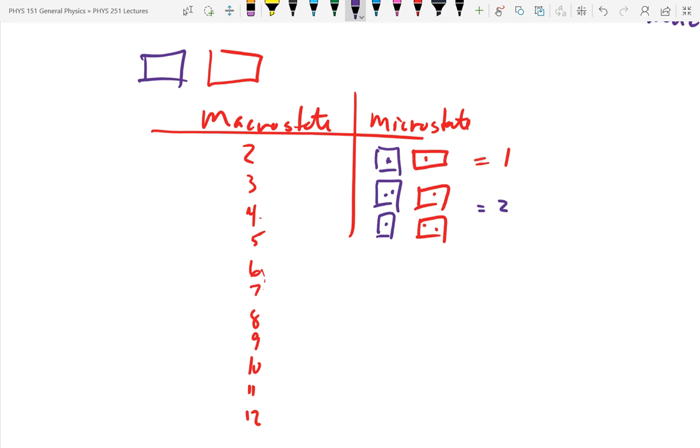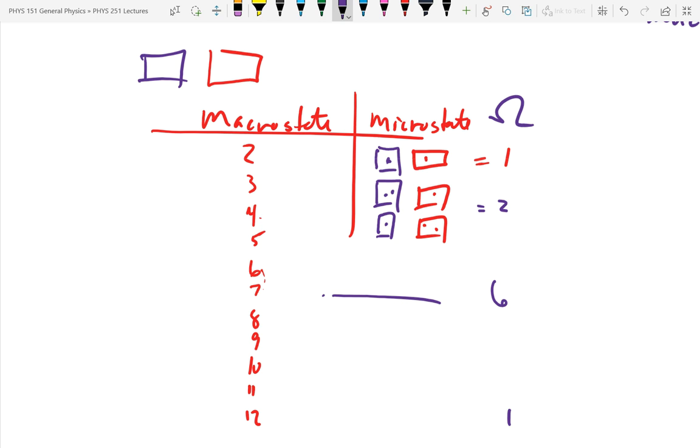And so as I go up, the number of microstates increases until when I get to 7, I have 6 microstates. And then it goes back down to only 1 microstate for 12. So this column is omega, the number of ways you can get there. And so the entropy of throwing a 2 is k times the natural log of 1, or 0. The entropy of throwing a 3 is k times the natural log of 2, and so on.